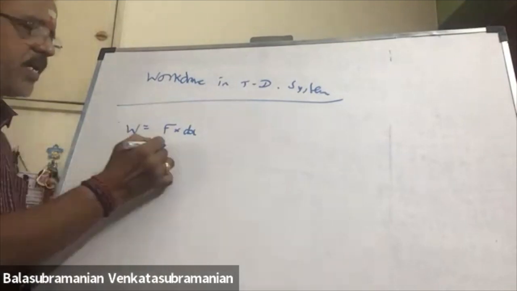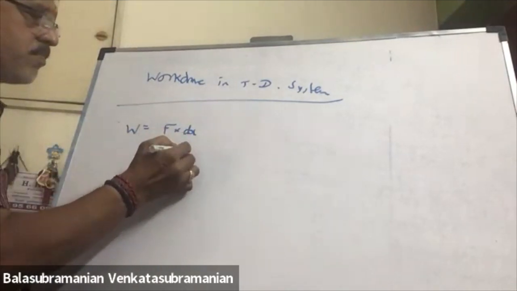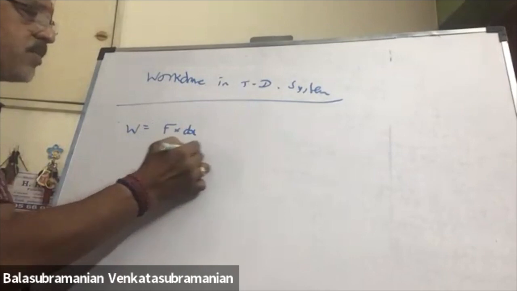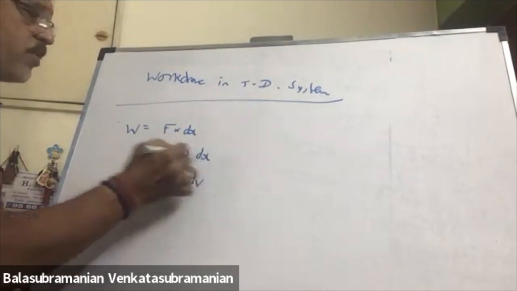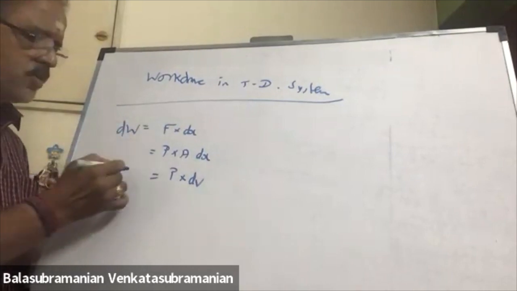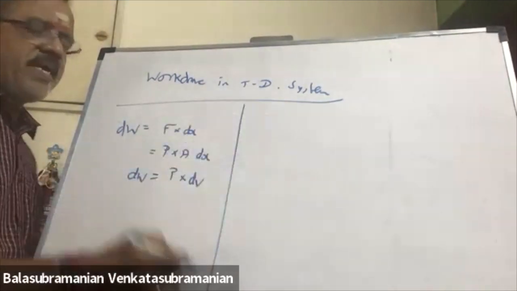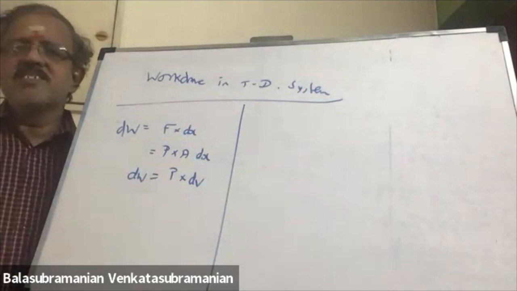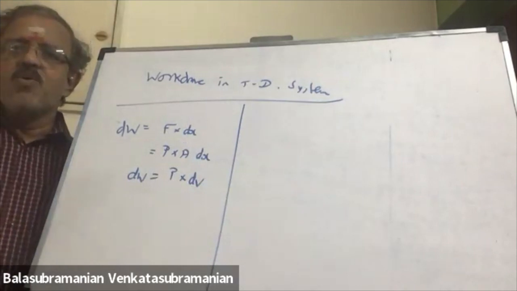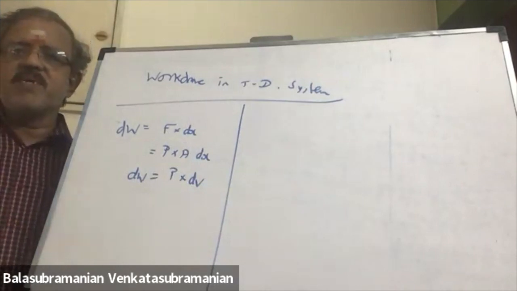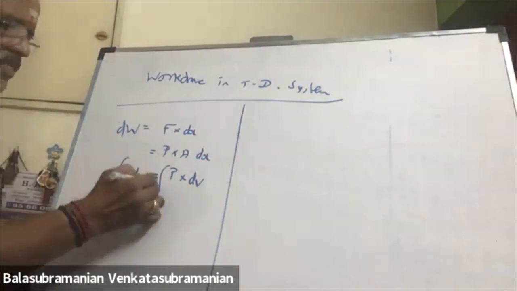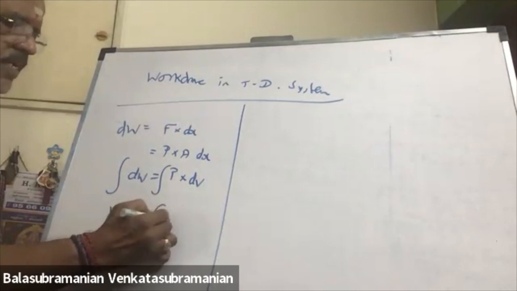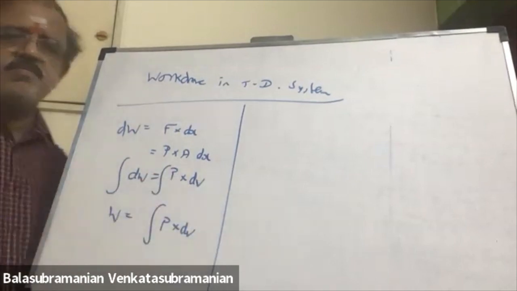Pressure into area into displacement. Area into displacement is volume. So dW is equal to P dV. This is the basic formula for work done in a thermodynamic process. Total work done means we have to integrate: W is equal to integral P dV.